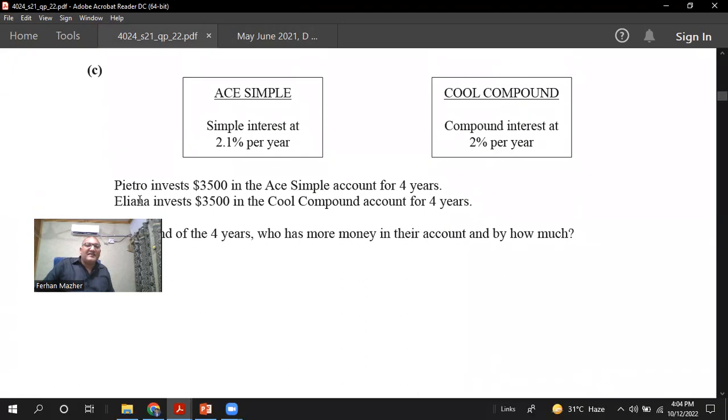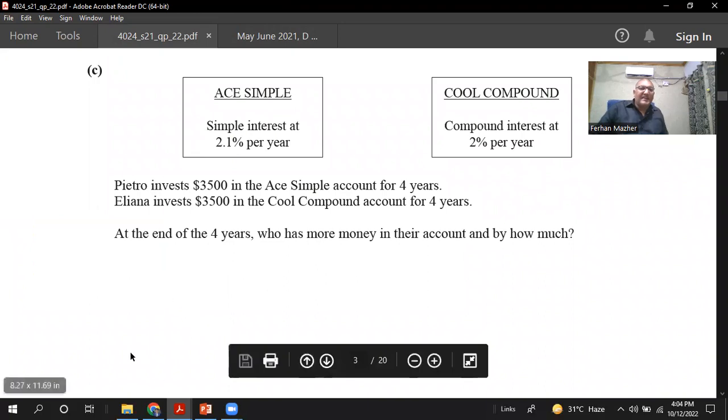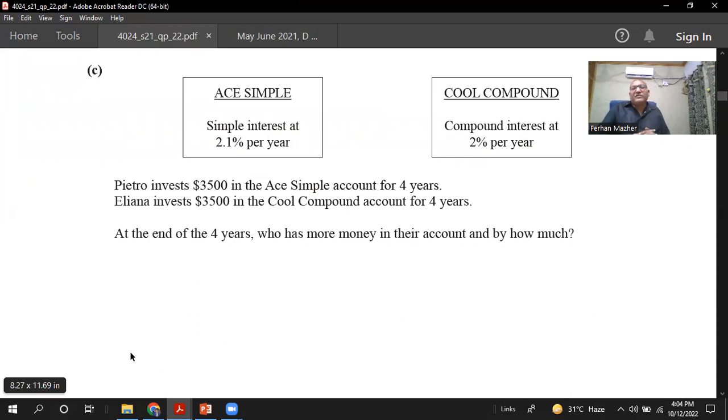Okay, so the next question is coming up on your screen, part C. They talk about a simple and a cool compound account. Simple interest at 2.1% per year, compound interest at 2% per year. Petro invests $3,500 in the Ace Simple account for 4 years.